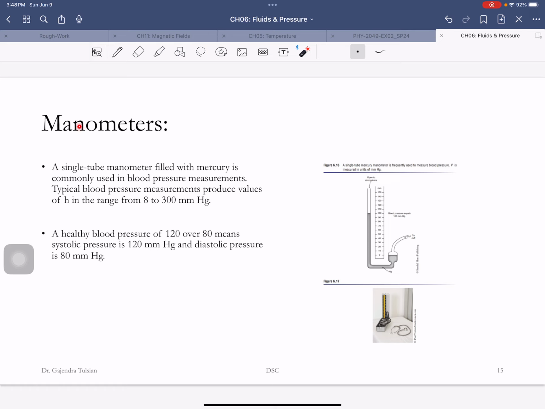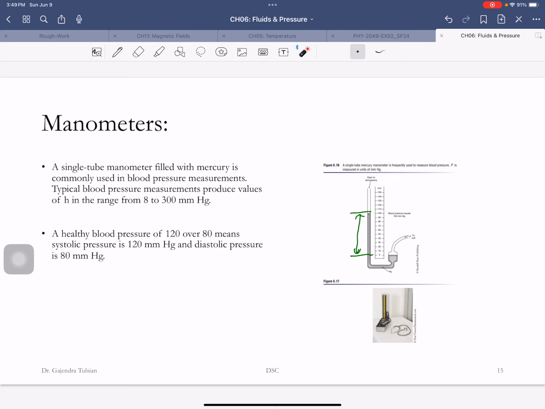A manometer is a device that measures gauge pressure. So this point goes to where you're measuring the pressure. For instance, if that goes to the cuff, that's where the pressure is measured, and this is open to the atmosphere. This height corresponds to the gauge pressure.